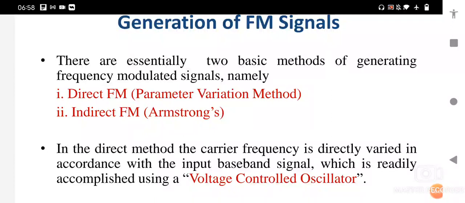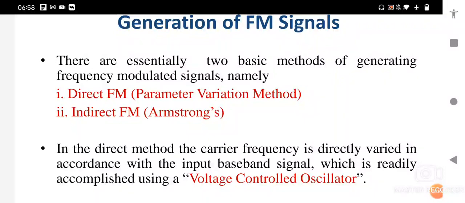In this class, we have to discuss one of the important concepts, that is generation of frequency modulated signals. To generate frequency modulated signals, we have two methods. There are essentially two basic methods of generating frequency modulated signals.